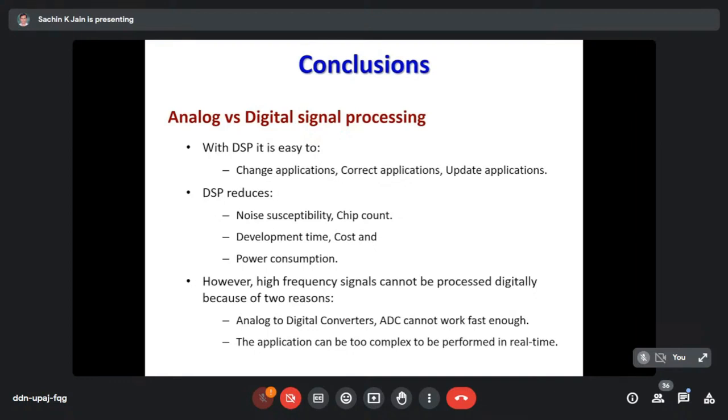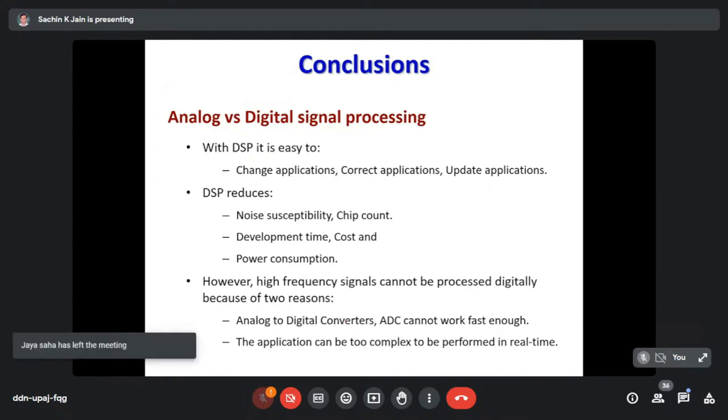Finally, just to wrap up this session, what are analog and digital signal processing? DSP makes it easy to change, correct, and update applications, because we can just change the code and the entire thing is changed. But for very fast applications, we still have to go with analog signals because they work in real life and are fast, whereas ADCs need some finite time to convert analog signals into digital signals.